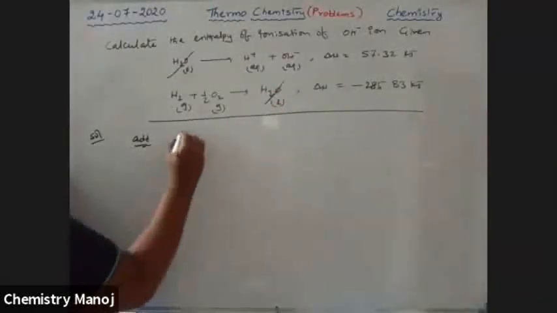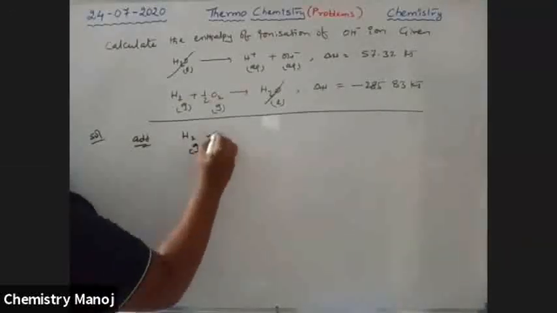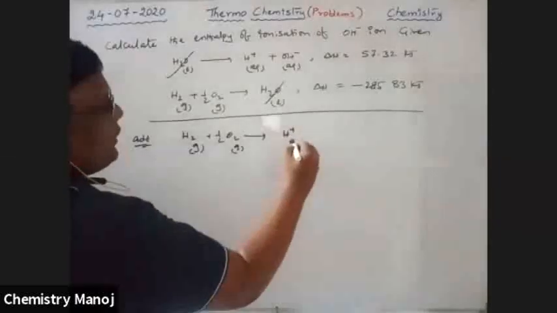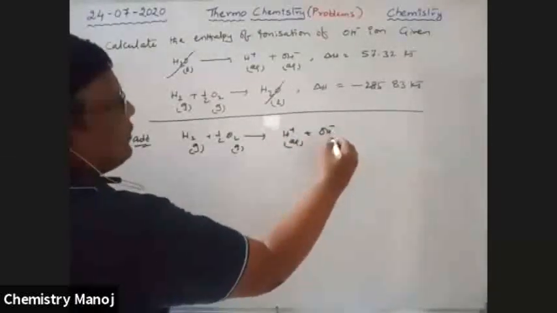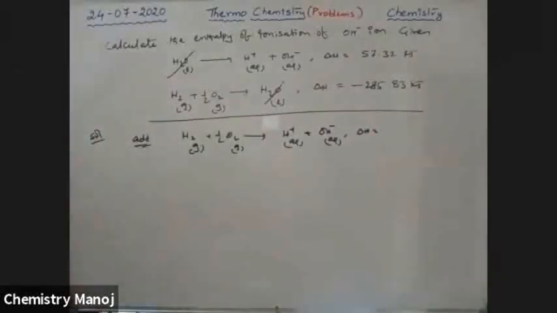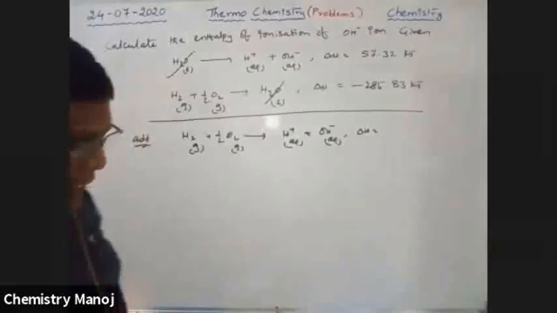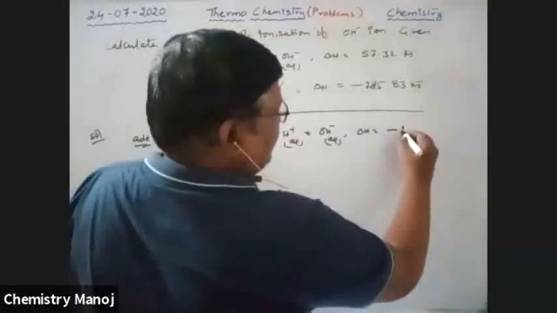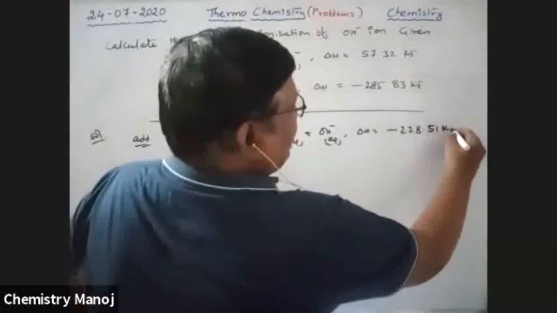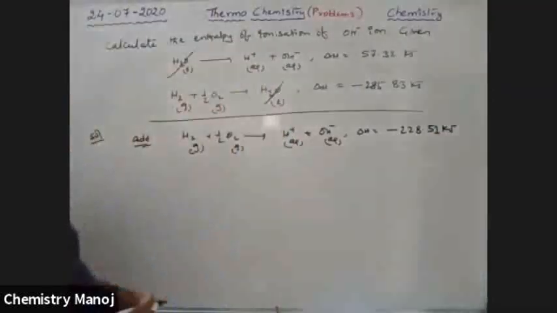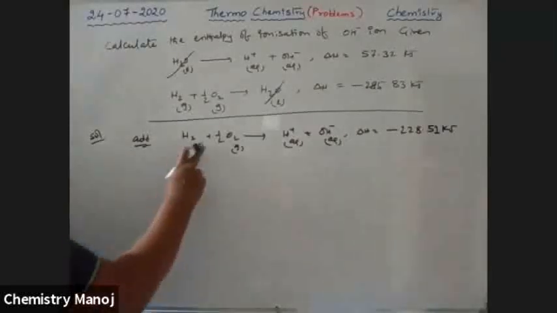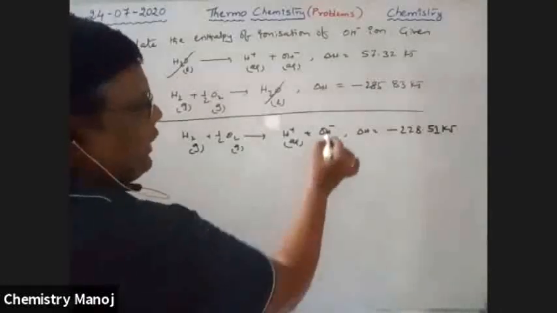Therefore, H2 gas plus O2 gas gives H plus aqueous plus OH minus aqueous, delta H is equal to, adding these, minus 228.51 kilojoules. So H2 plus O2 are the reactants.